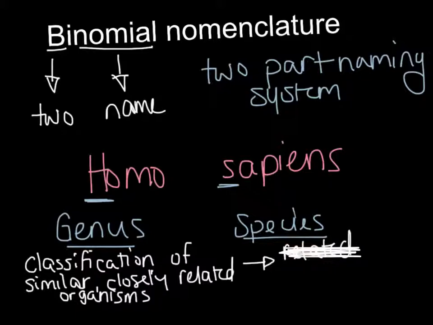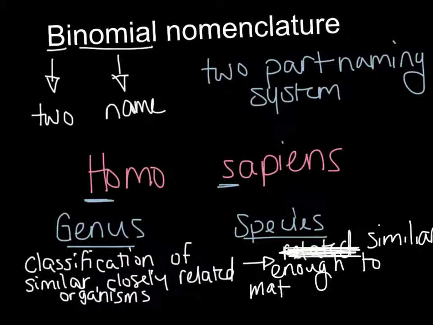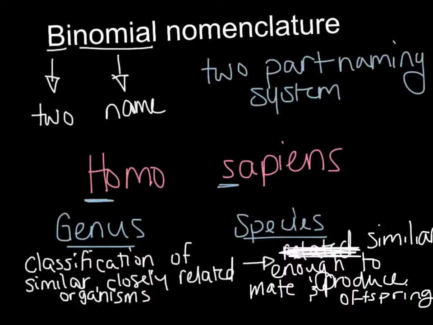We're going to use the word similar enough to mate and produce offspring. I'm running out of room, but you also need to add to that, not only are they similar enough to mate and produce offspring, but their offspring can produce offspring. As in their offspring are still fertile or able to have a quote-unquote baby.